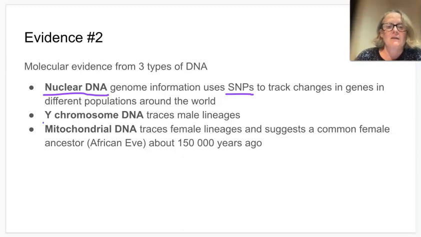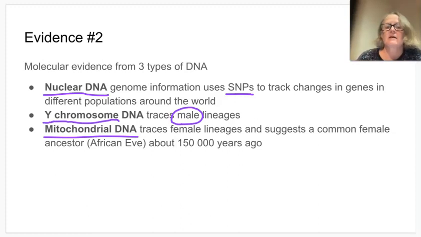We can ignore most of the nuclear DNA and just concentrate on the Y chromosome, because Y chromosomes are passed from father to son. This gives us information about the male pattern of inheritance. Or we can look at mitochondrial DNA, because mitochondria always comes in the egg with all the cytoplasm.